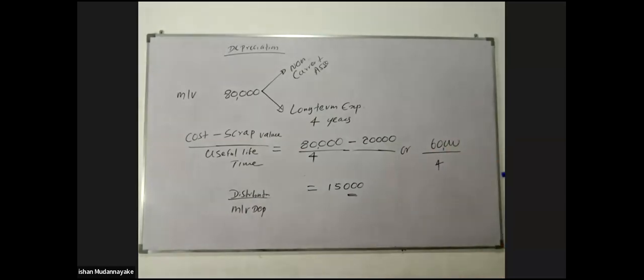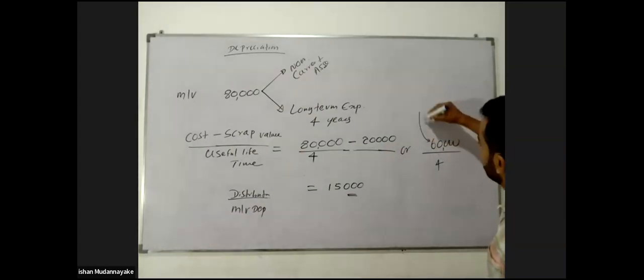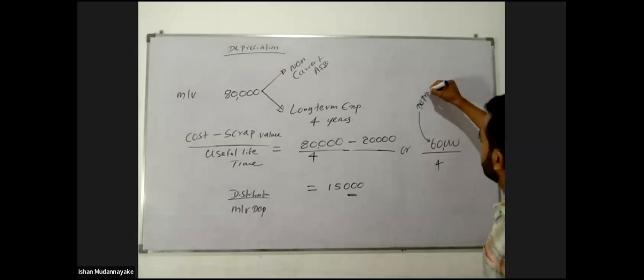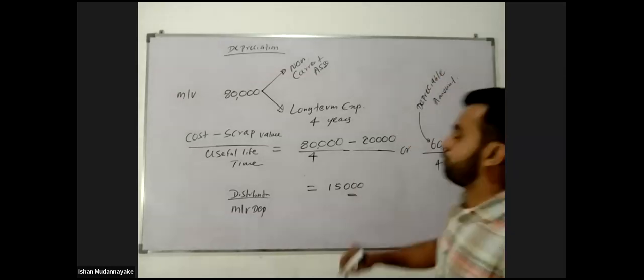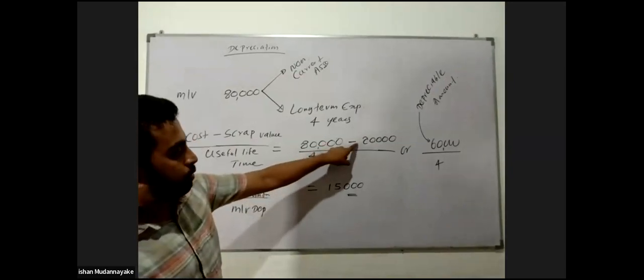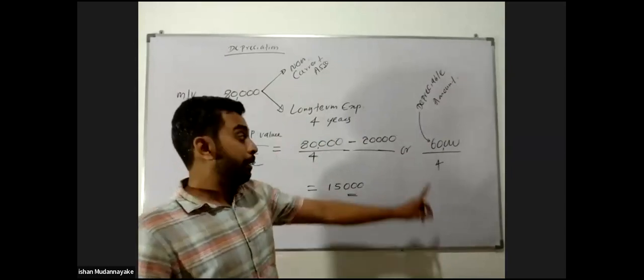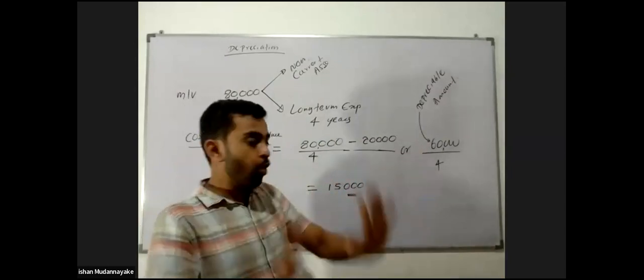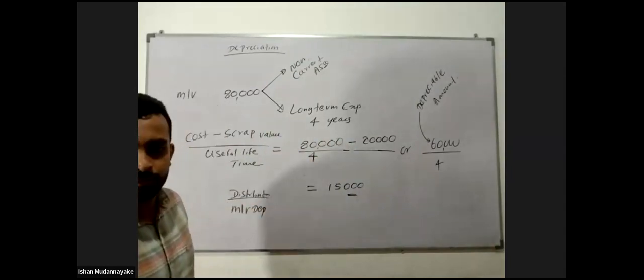The technical term for this 60,000 is depreciable amount. Cost minus scrap value is called the depreciable amount. Depreciable amount divided by 4, or cost minus scrap value divided by 4, is the same thing.